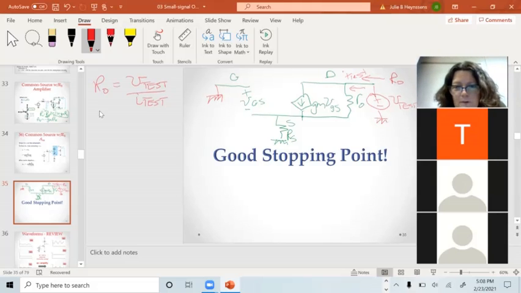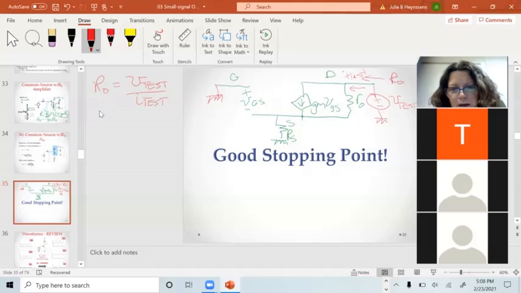So what I have to do is circuit analysis and figure out what that is. This looks like one of your homework problems. I'm sorry. VGS.